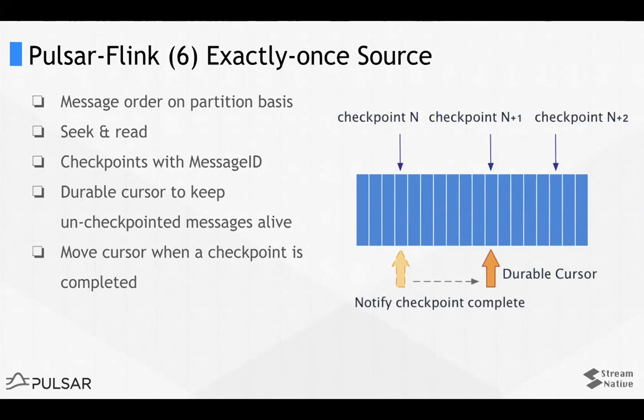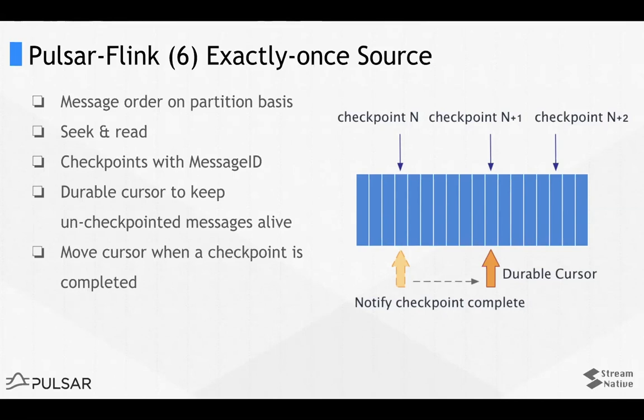But one of the challenges here is that Pulsar is a subscription-based system, so all the data has to be kept alive for a given subscription. So we don't acknowledge or move the cursor when we finish a checkpoint on individual source tasks.